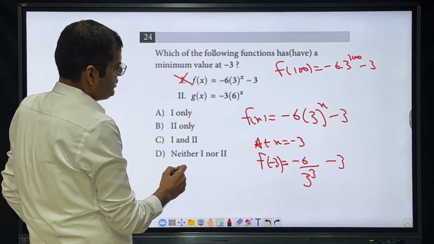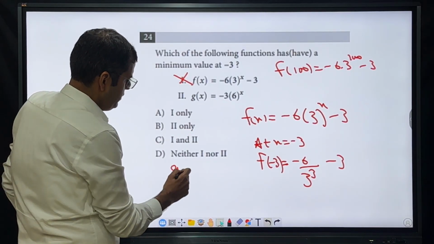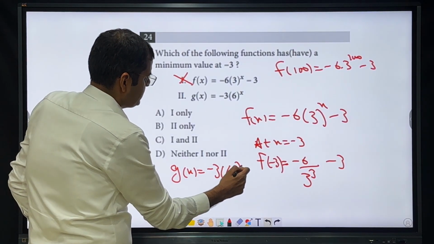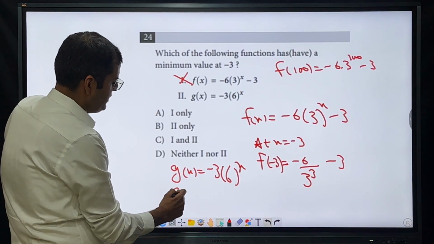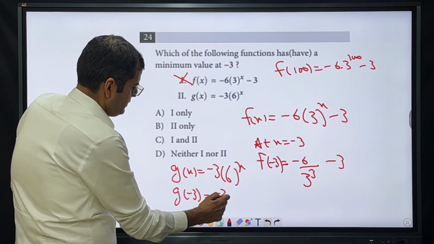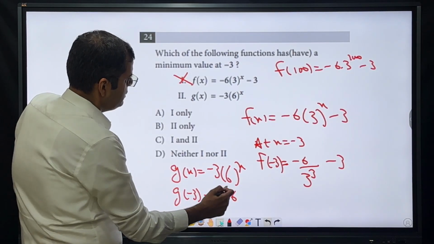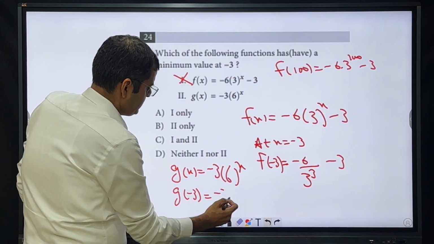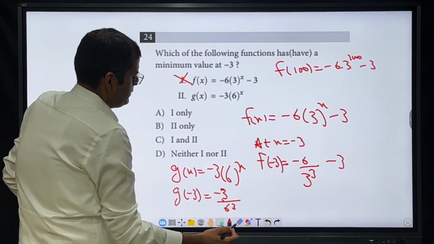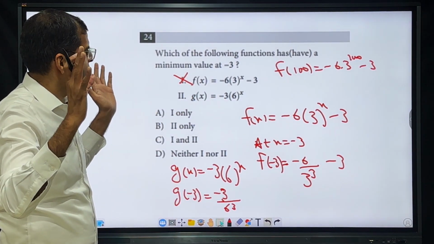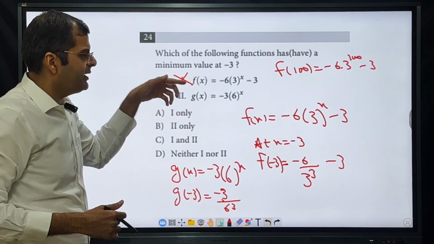Now the second one says g of x is minus 3 into 6 raised to x. So at x equal to minus 3, what is g of minus 3? That is minus 3 into 6 raised to minus 3, which is divided by 6 cube. Again over here, if I put x as a huge positive number, this will become further smaller.